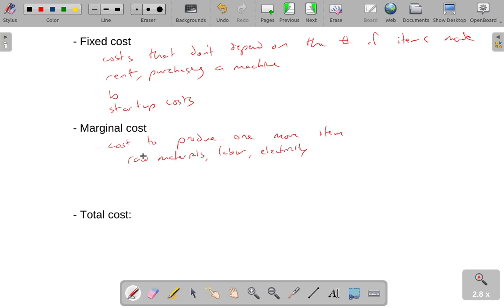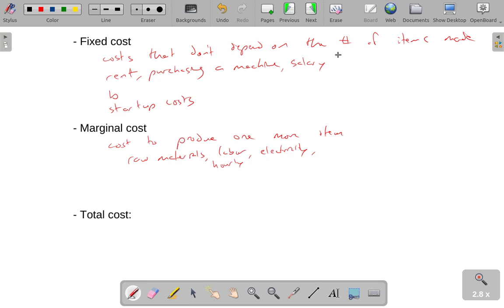You could even go so far as to say that if you have hourly employees, that's probably going to be part of your marginal cost. If you have employees that you pay once a month, salary, you pay them once a month and you don't have a specific number of hours.